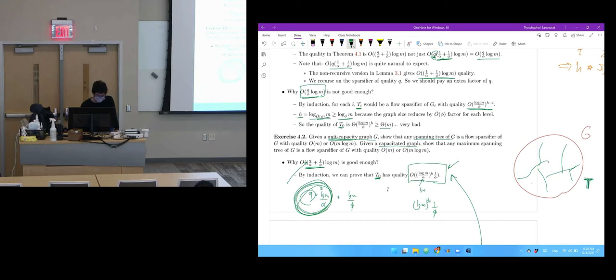Actually, it might be easier to think about cut in this case, to say that this spanning tree is a cut specifier of the graph.